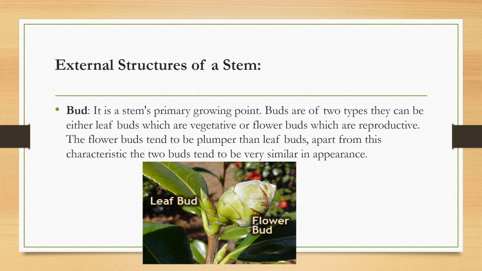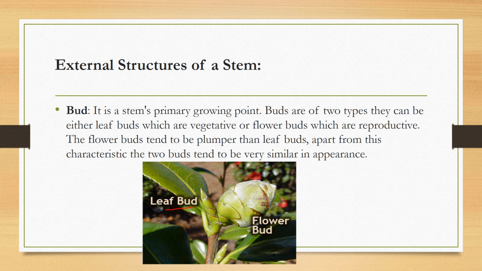Bud. What's a bud? It's a stem's primary growing point. Buds are of two types. They can be either leaf buds, as you see in the picture. So the leaf will develop from this leaf bud, and it's called vegetative in this case.